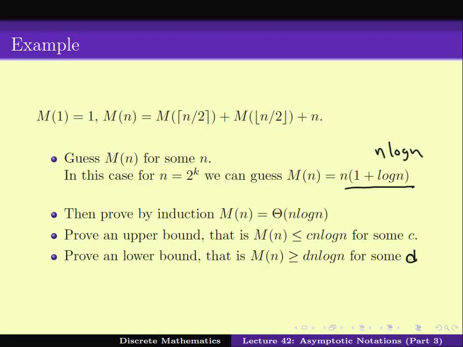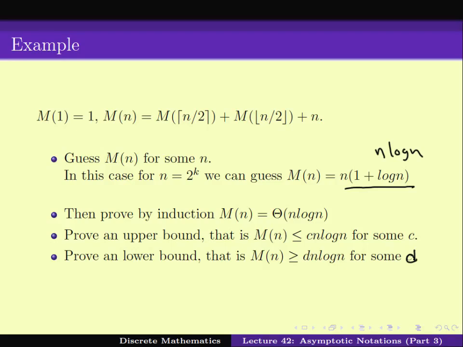And once you are done with that, then you get that mn equals theta of n log n. I don't want to solve these problems right now. I would like you, as you are watching this video, to solve them by yourselves. Of course, for this particular problem, mn, we have already done it. We have proved that mn is less than or equal to 2n log n and mn is greater than half n log n.